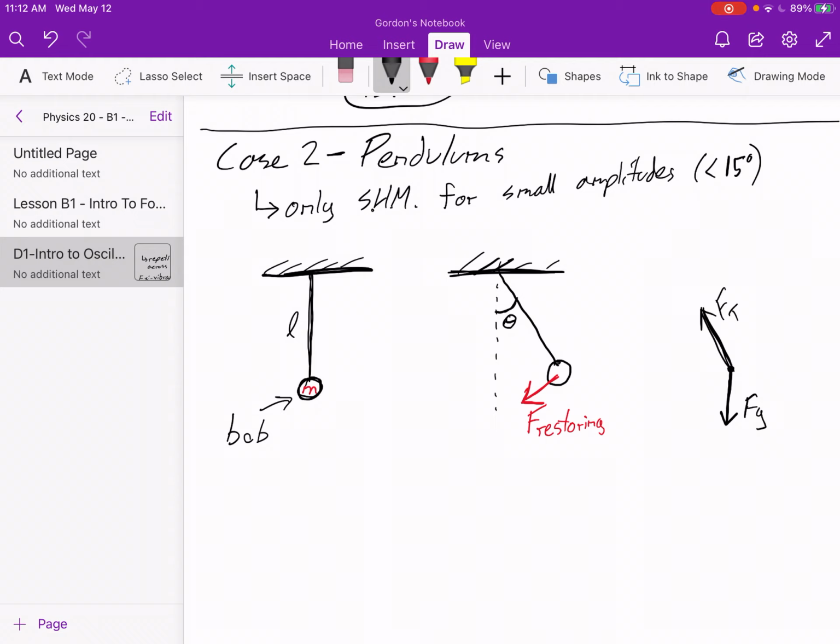This restoring force here, this is not actually like a real force that is acting on it. Remember, the restoring force here is really just the net force. So really what we want here is we're asking what component of our force is acting in this direction. How much of the force is acting in this direction?